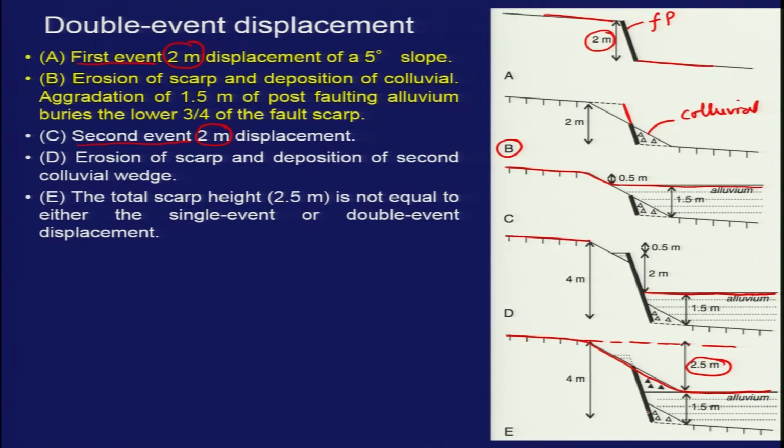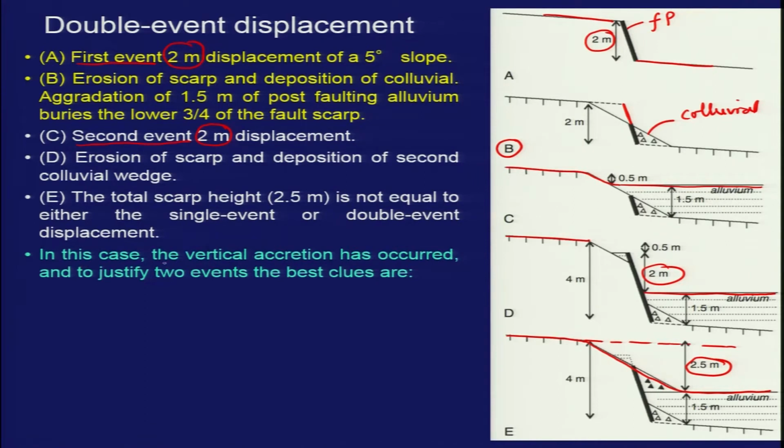Now, the actual displacement is not exactly the same, because we started with a 2 meter displacement in one event, and then another event was also with a 2 meter displacement. So, we are underestimating the amount of displacement here. Okay.